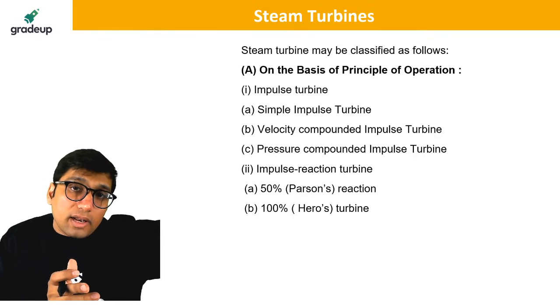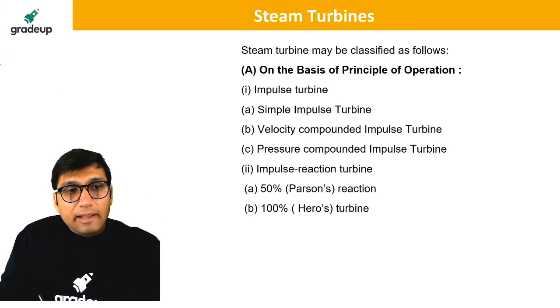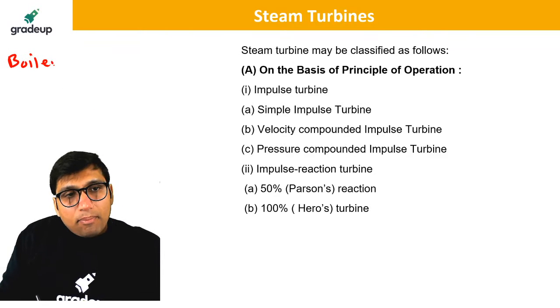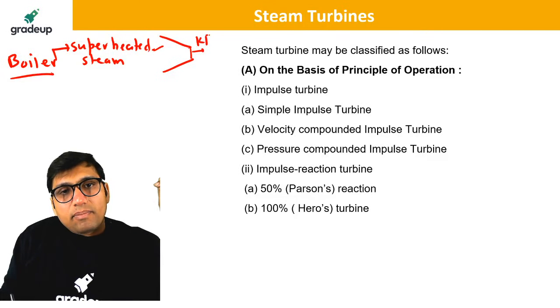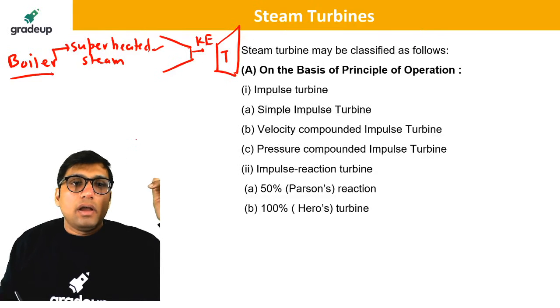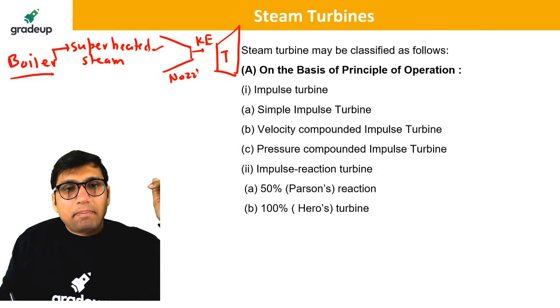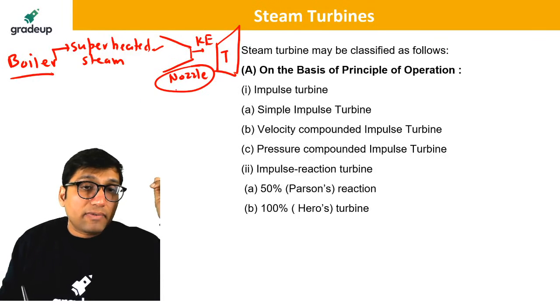It will first go into the nozzle, so basically from the boiler the superheated steam will go into the nozzle, and from the nozzle the high kinetic energy steam will be given to the turbine. So this nozzle is also very important, but nozzle is not in your syllabus. Otherwise I would have told you about the nozzle also.